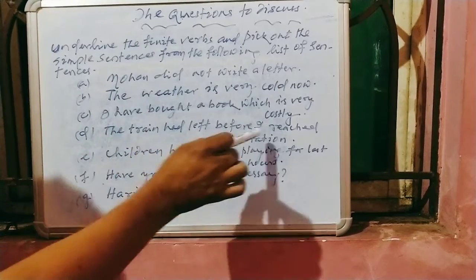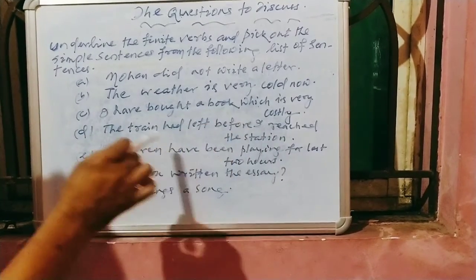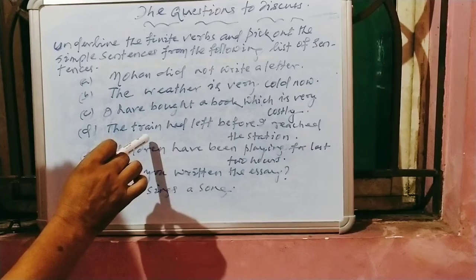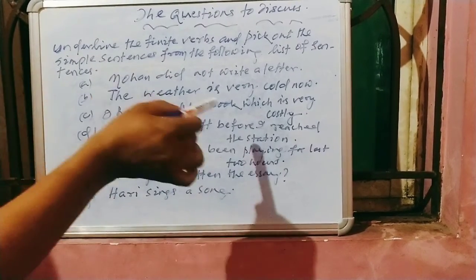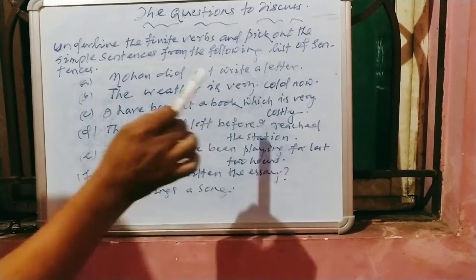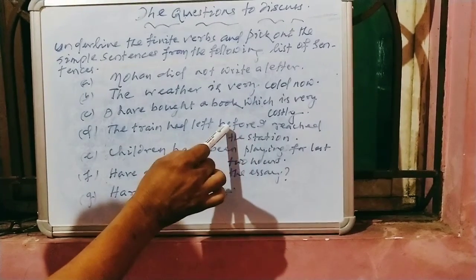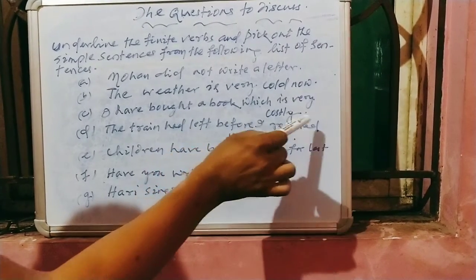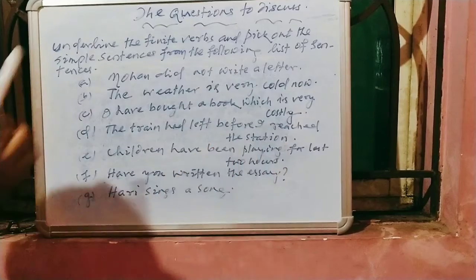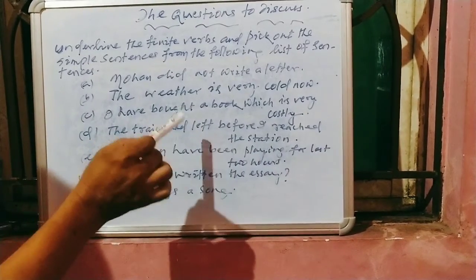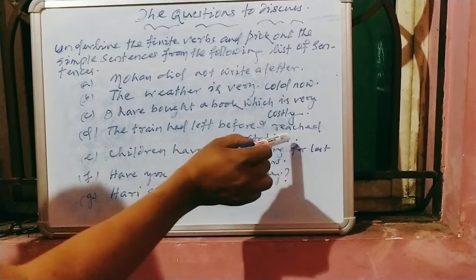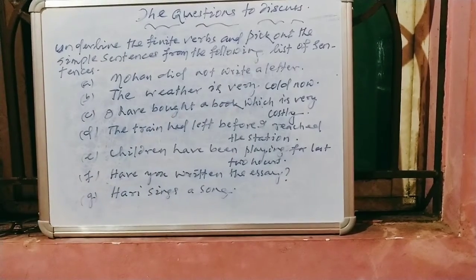So that we have two different clauses here, and as a result, one of them is a dependent clause, another is an independent clause. The dependent clause starts from before I reached the station, it is the dependent clause. The train had left, it is the independent clause. As a result, it is a complex sentence.